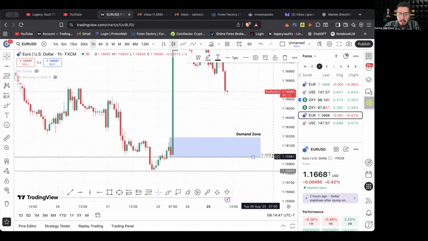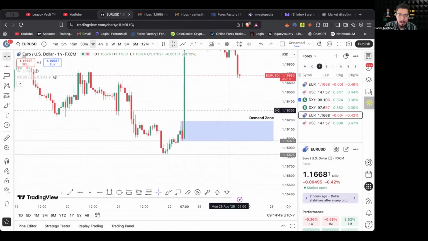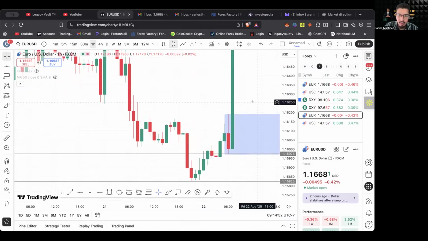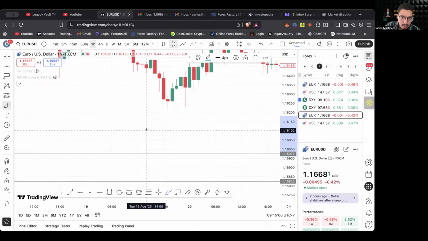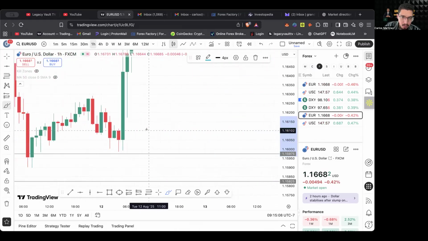Boom. At 1.15975. Why? Because there's touches here. There's a touch here. There's a resistance here. And price broke above to retest. You can go back.